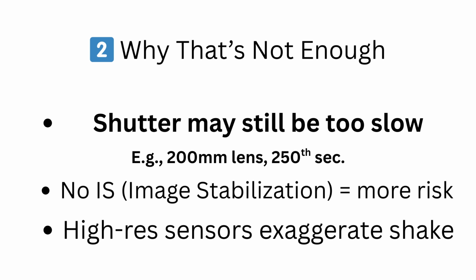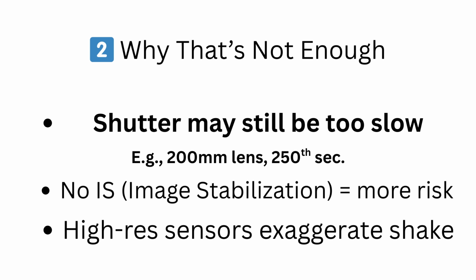For instance, if you've got a 200mm lens and it's set itself automatically at 1/200 or a 1/250th, often that won't be enough for a handheld sharp image. And also with high resolution cameras now, the tiniest bit of shake really does get magnified. So even though the camera's doing what it's supposed to do, it might not be enough for your sharp image, which is the whole point of what we've just done.